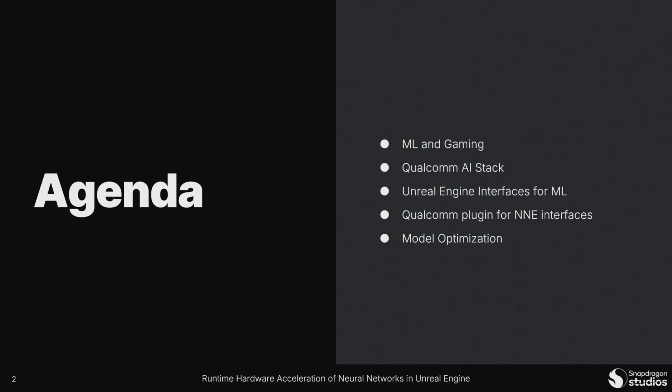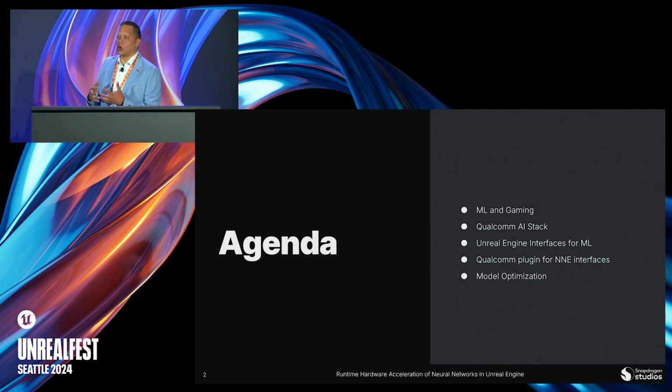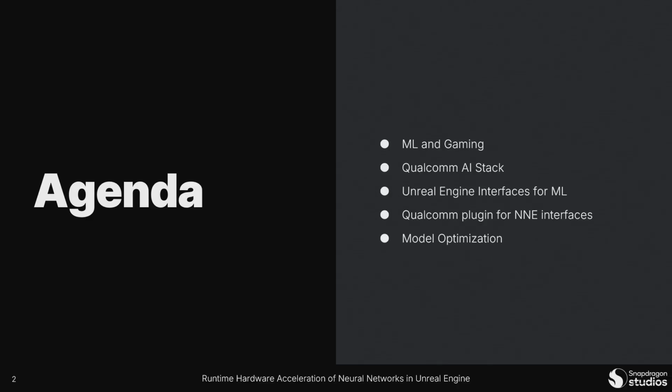And then I'm going to start painting a picture of machine learning in gaming, all the applications that currently are using machine learning and potential areas where we can use more neural network models to find new ways to solve problems. Then we're going to see the offer from Qualcomm to run these machine learning models and, more precisely, how to run them on device.